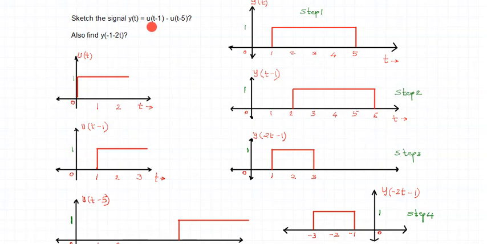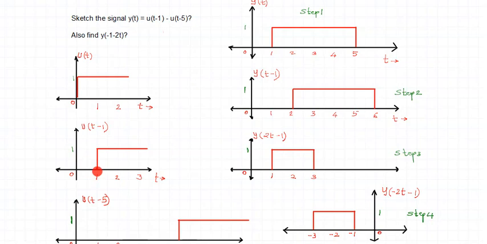What I need to do first? I need to obtain u(t minus 1). Now, t minus 1 means the signal is time shifted. The signal is delayed. Minus 1 indicates the signal is delayed by how many units? By 1 unit. So you are shifting this signal with respect to time by 1 unit, delayed to the right hand side.